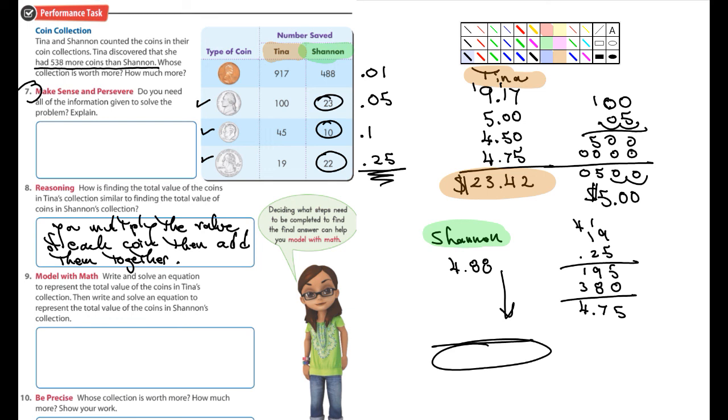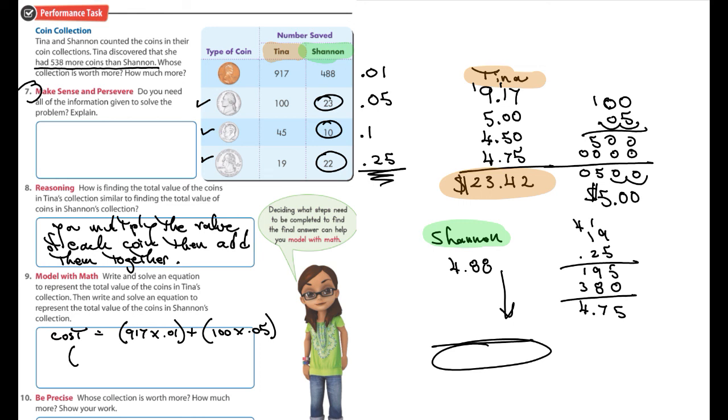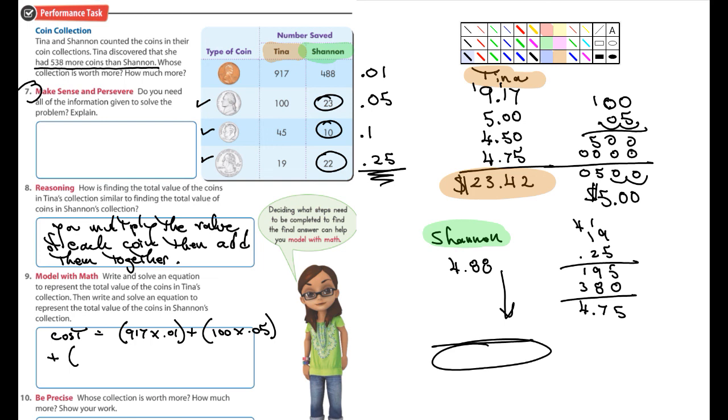Let's see here. Cost for Tina equals 917 times 0.01 plus 100 times 0.05 plus, that's a terrible plus, plus, what's next, 45 times 0.1 plus 19 times 0.25.